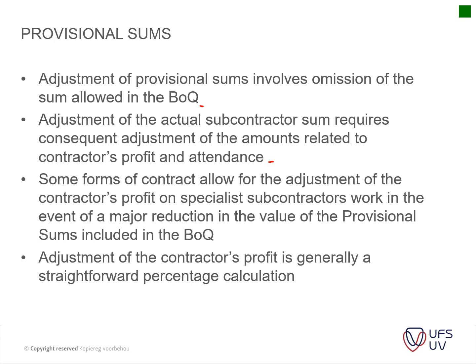Okay, some forms of contracts allow for the adjustment of the contract profit on specialist subcontract work in the event of major reductions in the value of the provisional sums. For instance, the contractor may have budgeted for, you've seen the item and you allowed maybe 100,000, but when you get onto site, the item is only going to be 20,000.